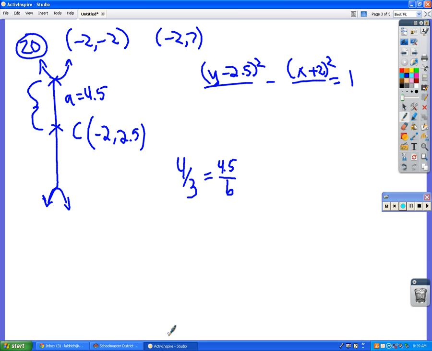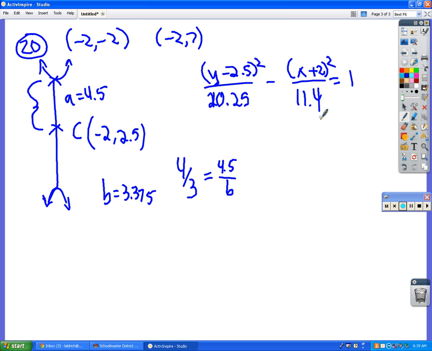Then 4.5 squared is 20.25, so that goes right here. And 3.375 squared is about 11.4. That's what we got going right there.